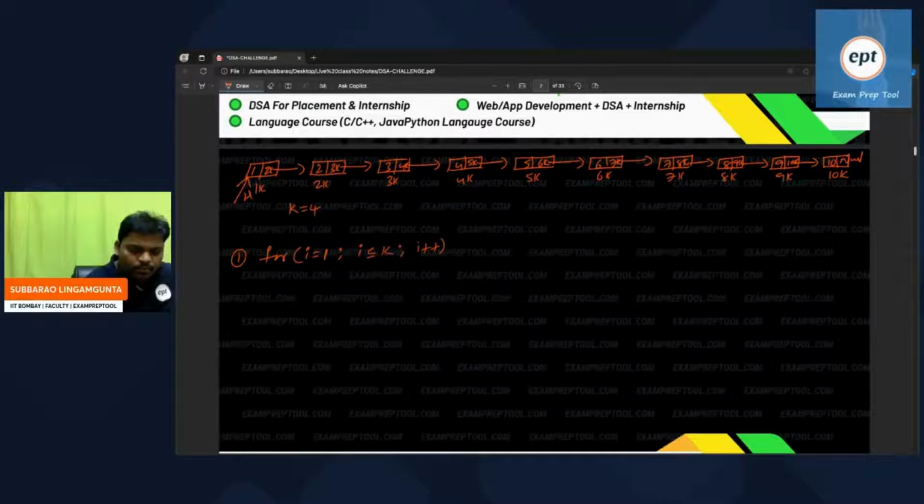Observe clearly. Every time you have to check one condition. Before starting, I'm writing head is there, right? Let me write this one. Head, maybe let us write L. L is equal to head, or test. If you want, you can say test. Test is equal to head. Now see what I am doing.